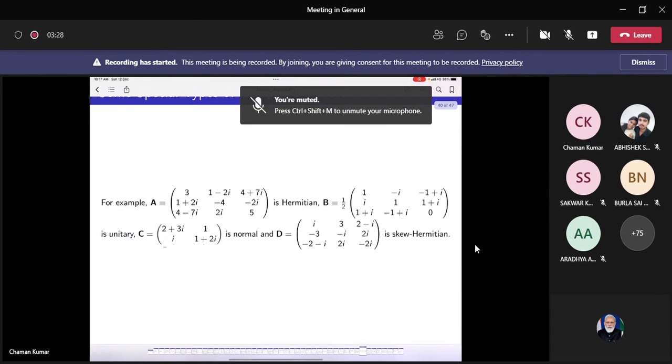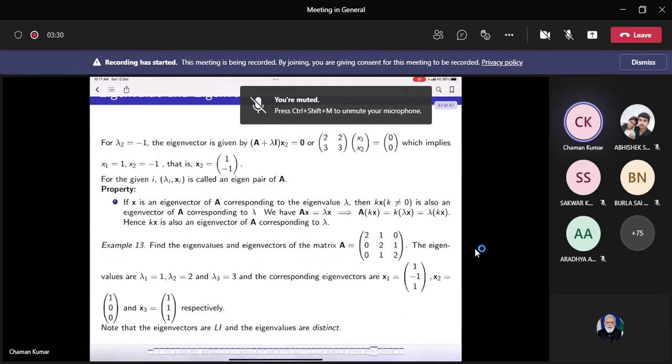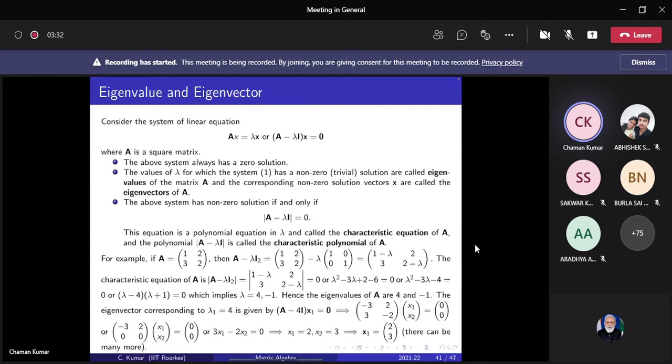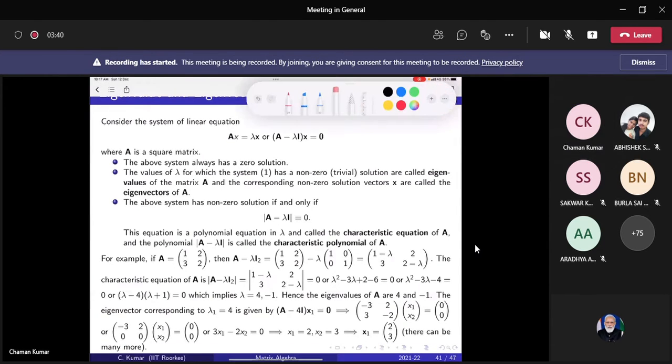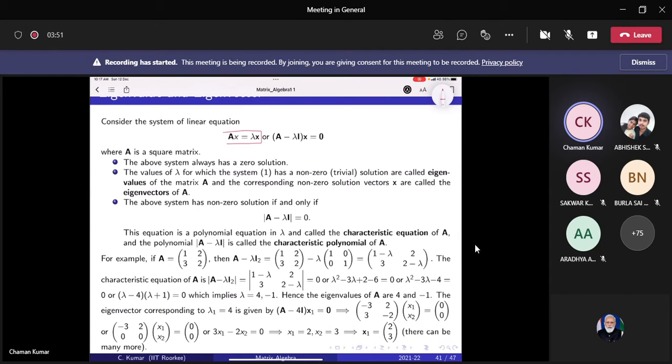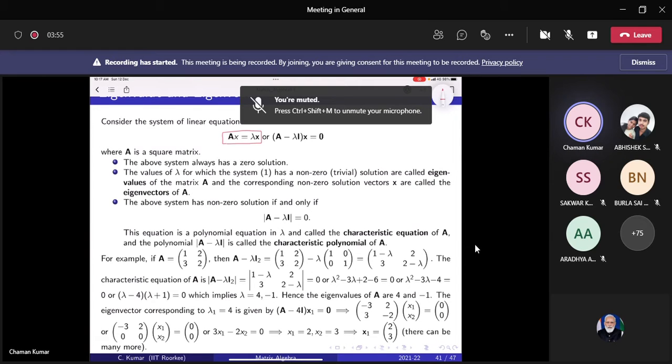Now let us move to the next topic, eigenvalue and eigenvectors. So for eigenvalue, for this section, let us consider a system of equation Ax is equal to lambda x, where lambda is some real number.